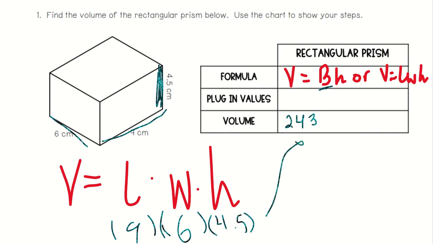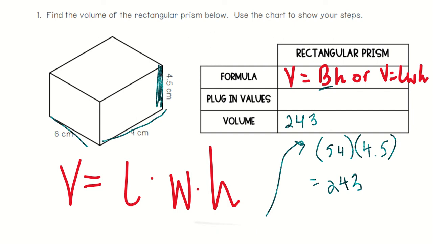And then our next step would be 6 times 9 is 54, and the height is 4.5. Doesn't this look familiar? Wasn't this basically how the previous formula was? So it's the same thing. That's my proof of showing you that it's the same thing. And you'd work it out and you'd still get 243. Same exact answer, but using a different formula that has different parts in it.